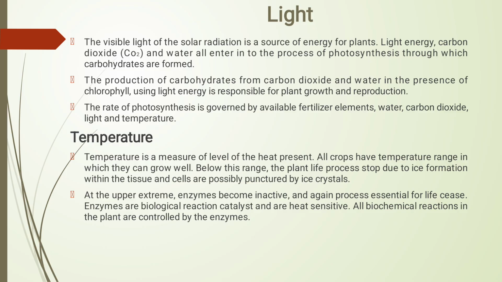At the upper extreme, enzymes become inactive and the processes essential for life cease. Enzymes are biological reaction catalysts and are heat sensitive. All biochemical reactions in plants are controlled by enzymes.